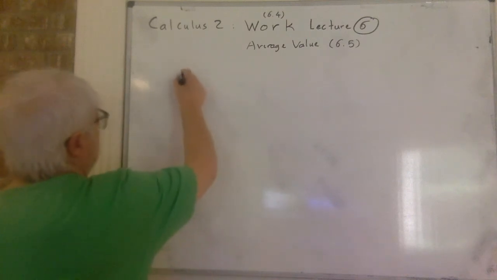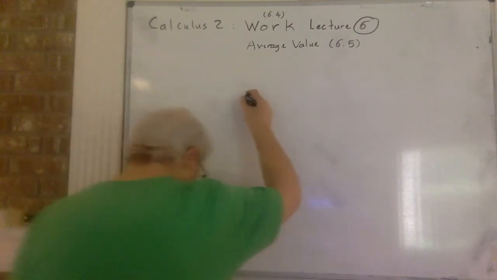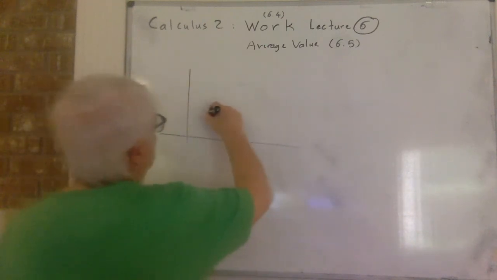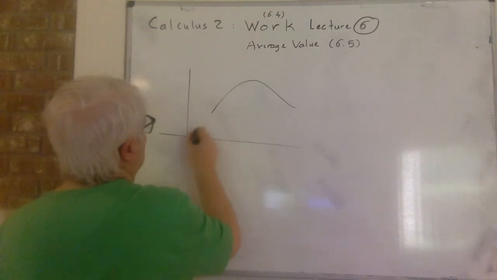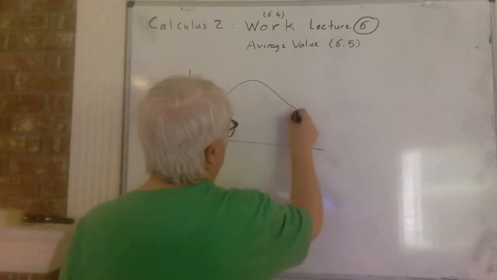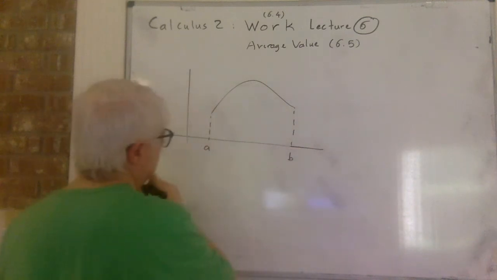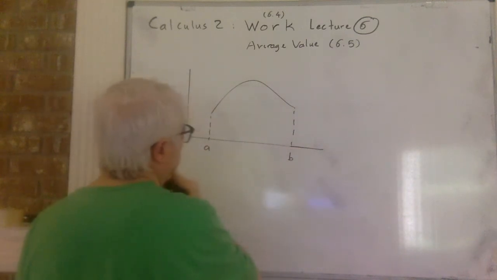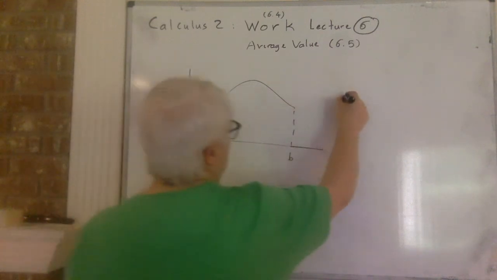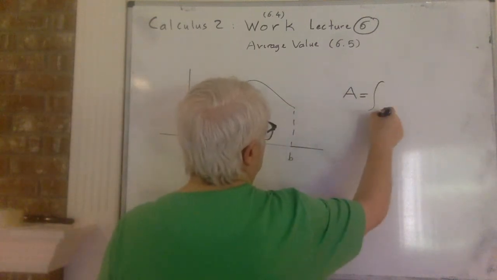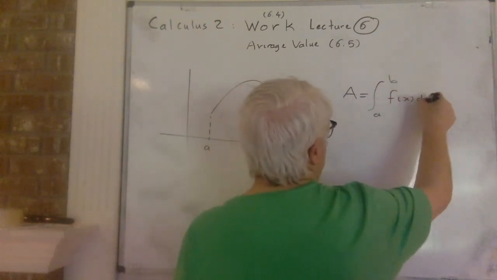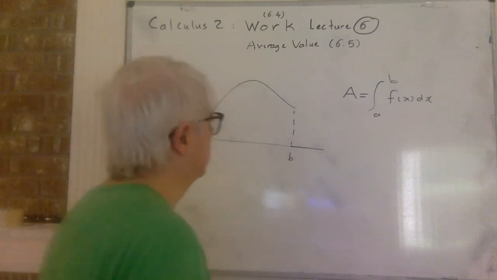If I have a function, say from A to B, right? So I ask this question. I have an area here. So the area is in fact the integral from A to B of f(x) dx. Remember? The simplest thing, that's the area.